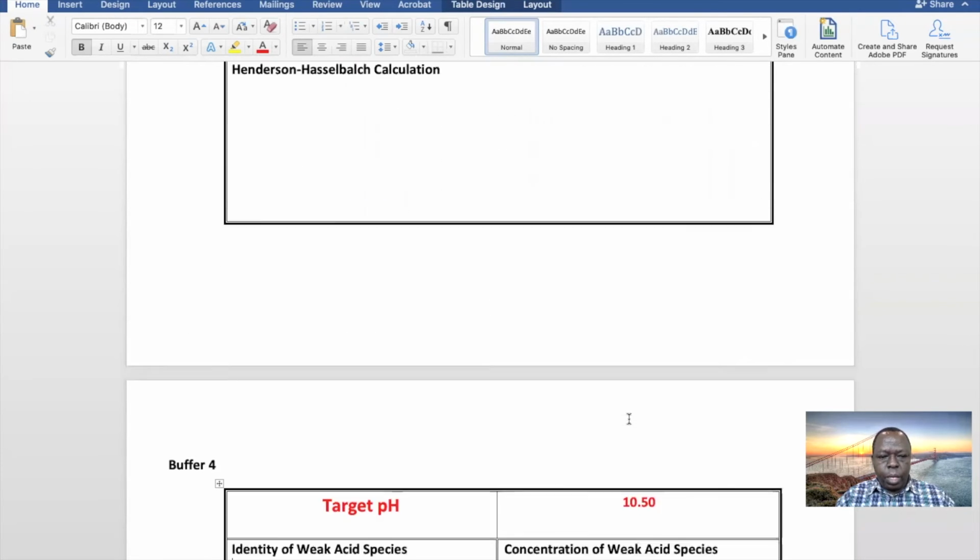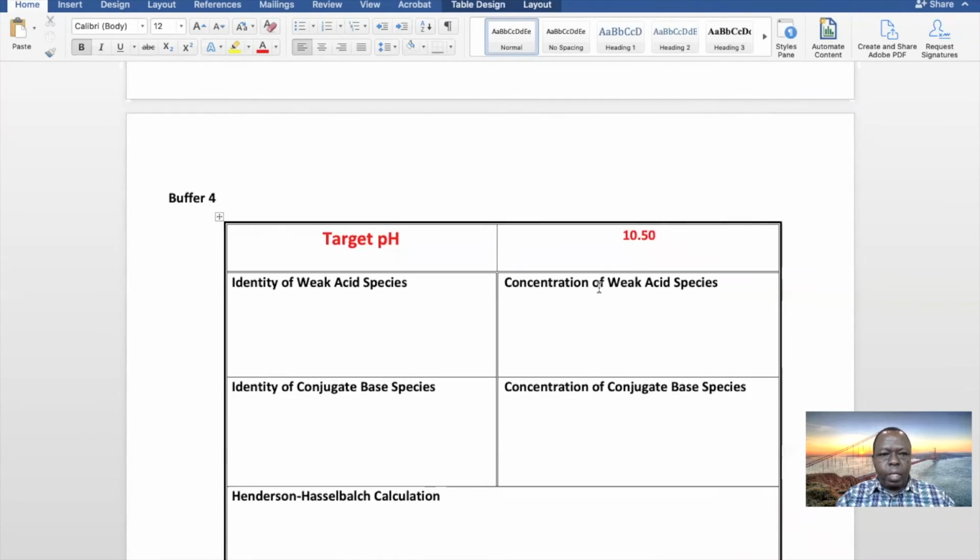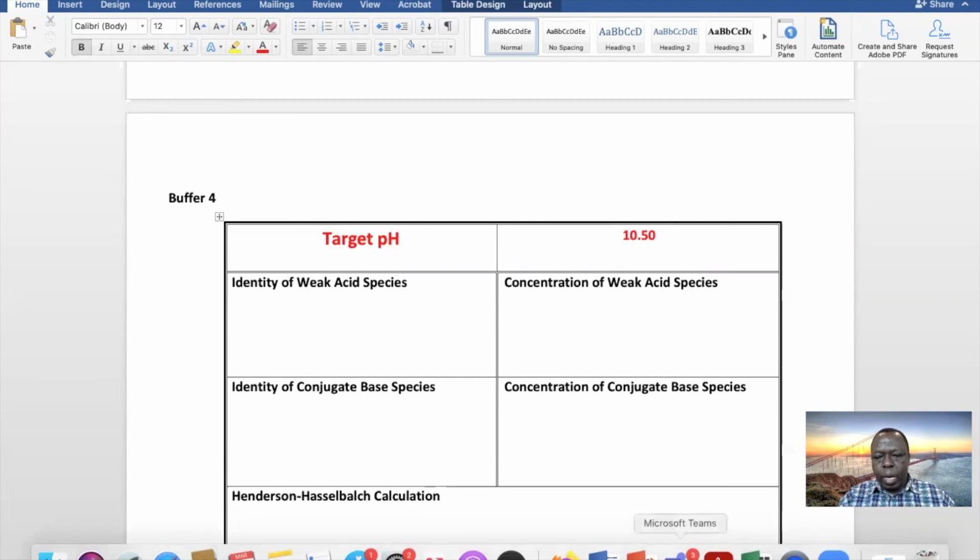And I think there is part four here. Last one, part four, the targeted pH is 10.50. What is the targeted pH? The targeted pH is the pH you want, so you adjust the concentration of the weak acid and the weak base so that when you plug into the Henderson-Hasselbalch equation, it will give you this pH.